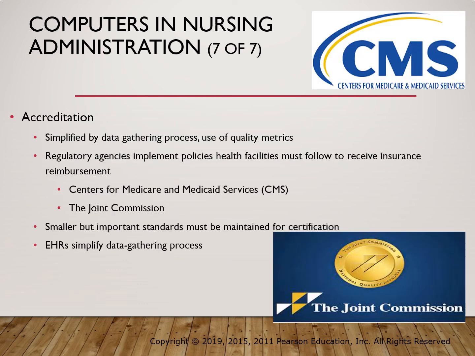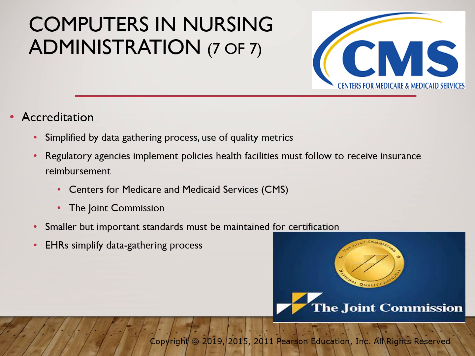Accreditation, we talked a little bit already about the Joint Commission and the Centers for Disease Control, Centers for Medicaid and Medicare. Again, they track when these agencies come in and survey you, what time of the year they're supposed to come in, so you can be prepared.